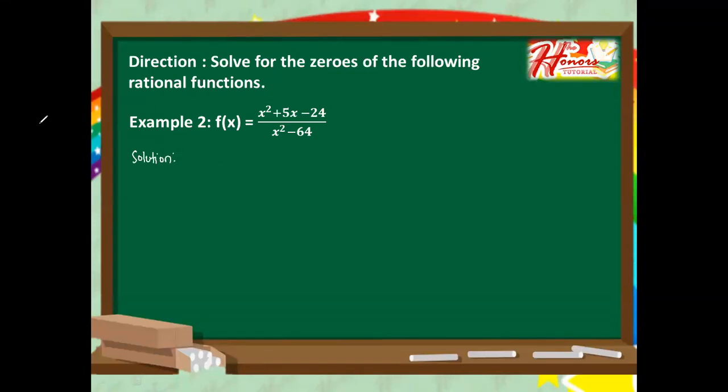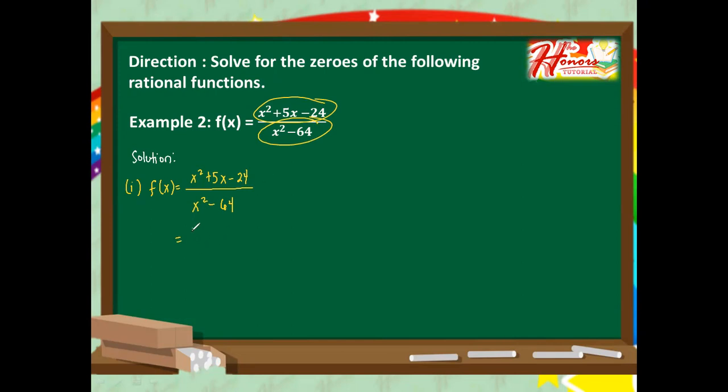As you can see, yes, we can still factor the numerator and denominator. They are factorable. So therefore, we will first copy the given: f(x) = (x^2 + 5x - 24)/(x^2 - 64). Since in our numerator that is a trinomial, I want you to prepare two parentheses here.